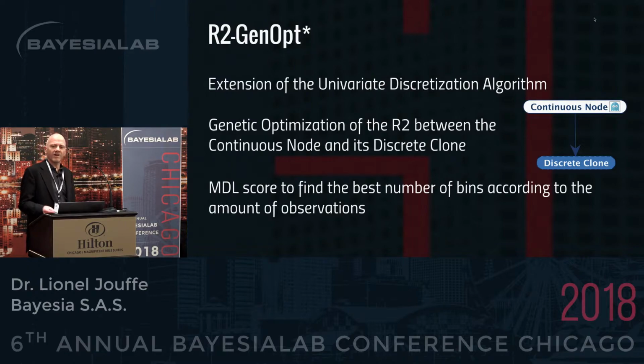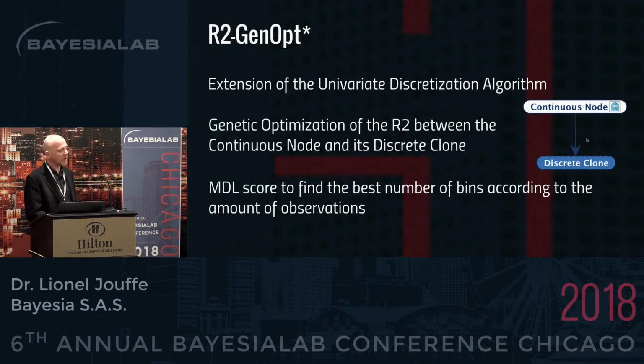This is a pure extension of this algorithm, where, if you remember, this algorithm just uses a genetic algorithm for finding the best discretization in terms of R-square. So we are trying to maximize the R-square between the hidden continuous node and the discrete node we are creating, right? So it's the best univariate discretization algorithm we have.